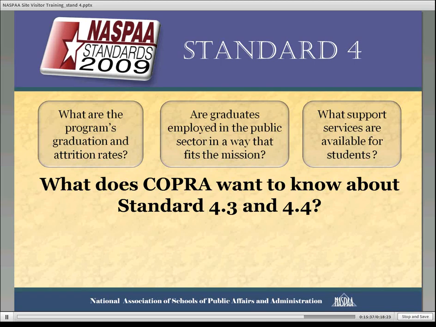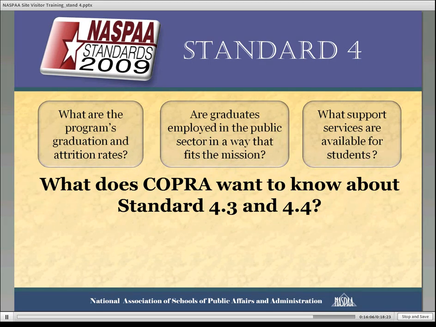Third, what support services are available for students? Here, simply providing descriptions. How frequently are there advising sessions for students? How are advisors assigned to students, or how do students select their advisor? Is there a consistent way for providing curriculum advice? Suggested sequencing of courses. How does the program handle situations when students don't do well in their courses?